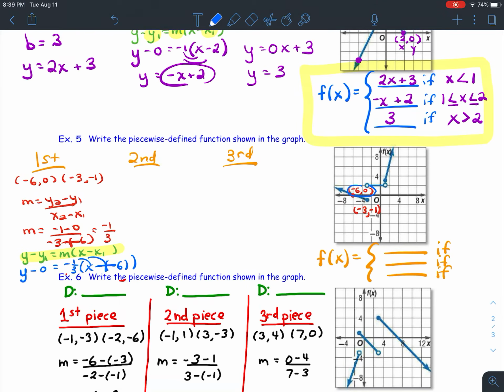Okay, 0 is the y. Oops. Our slope we said was negative 1/3. And then we're going to plug negative 6 in for the x1, and I'll connect those negatives and distribute. Okay, so it looks like I'm getting y equals negative 1/3 x minus 2. Okay, so I'm going to use this part right here and say negative 1/3 x minus 2.